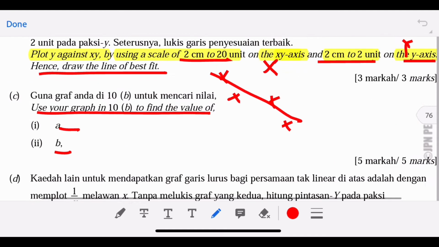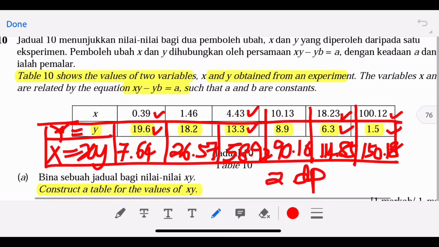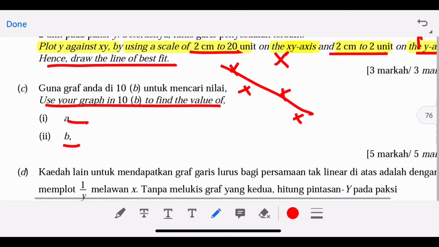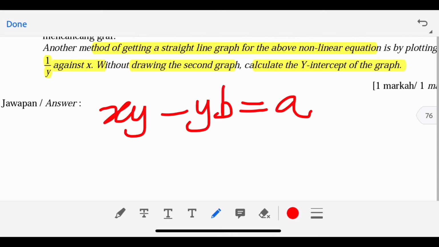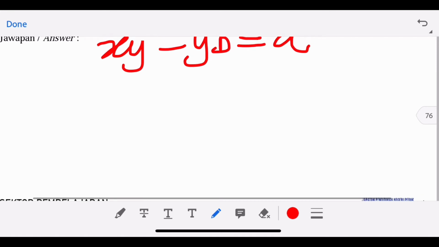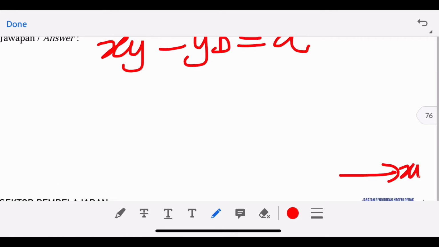find the y-intercept. So we start with the non-linear equation here, xy minus yb equal to a. Okay, xy minus yb equal to a. If we look at our equation just now, we have the xy here, right? We have the y here, right? We have the 21 here.